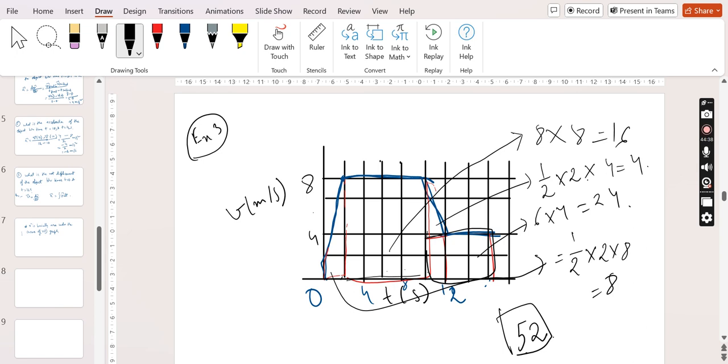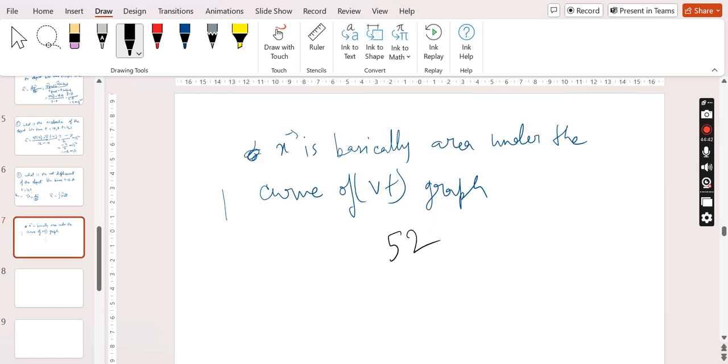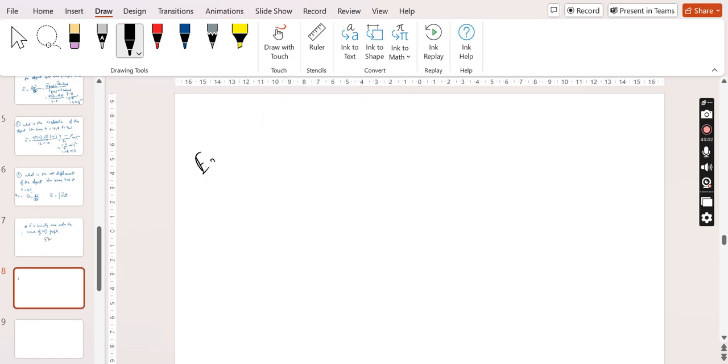So this is the answer. So for this, you need to have knowledge of integration, basically, nothing else.